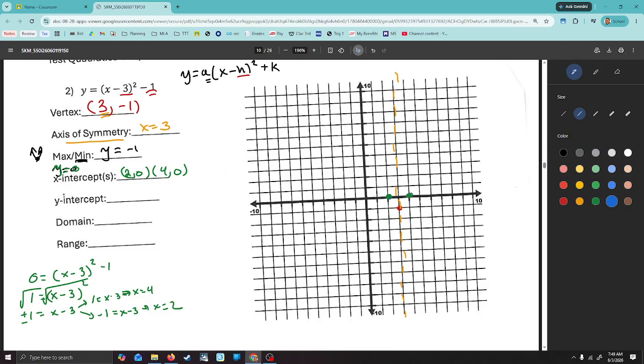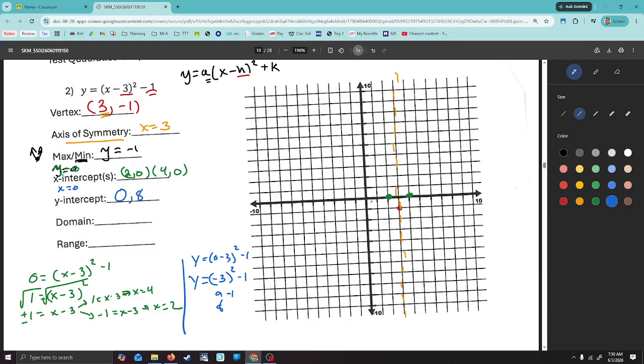The y-intercept is when you make x equals 0. So I'm going to make x equals 0. So y equals (0 minus 3) squared minus 1. Y equals (-3) squared minus 1. 9 minus 1 is 8. So it's (0, 8).